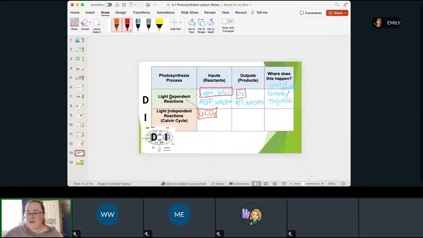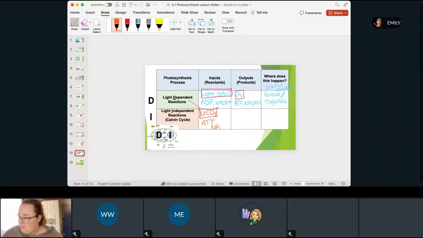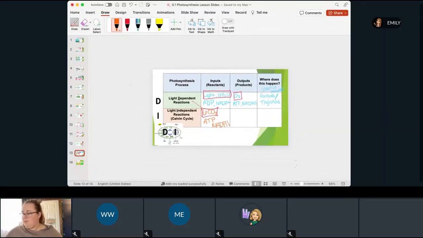And my other 2 reactants that I use are ATP and NADPH.